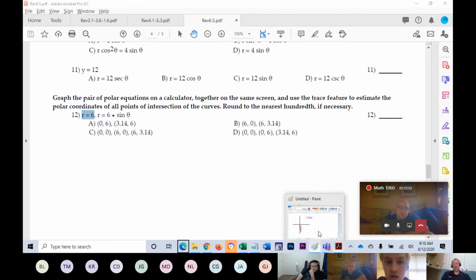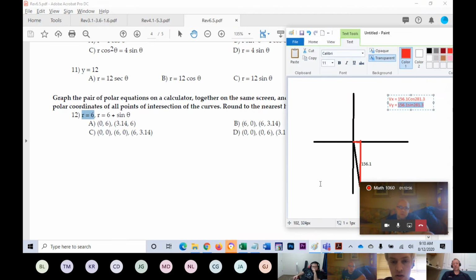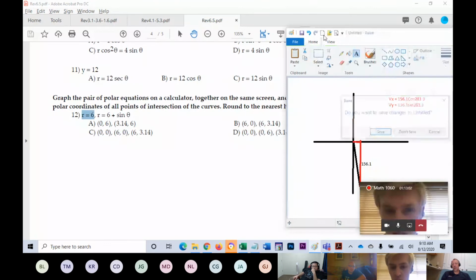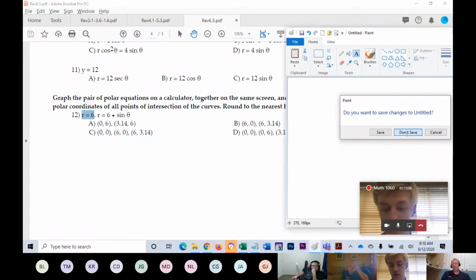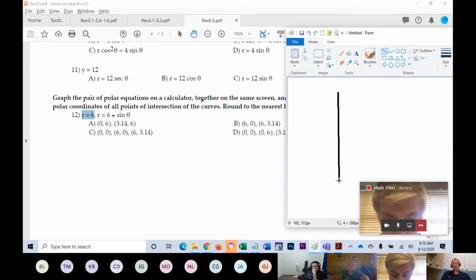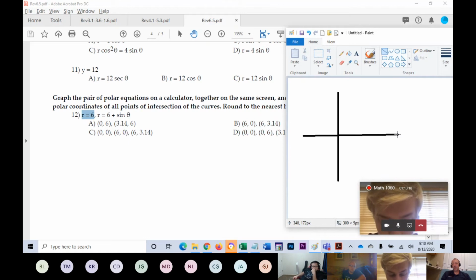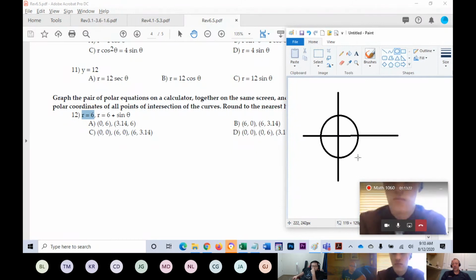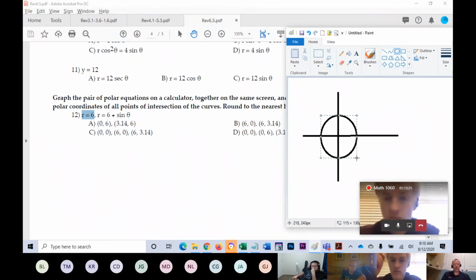What does r equals 6 in polar coordinates look like? Yeah, it's a circle with the radius being 6. That's correct. So we're using polar coordinates this time instead of rectangular coordinates. It'd be nice if I had a polar coordinate grid, but I don't. But this is a circle centered at the origin of radius 6. Okay.